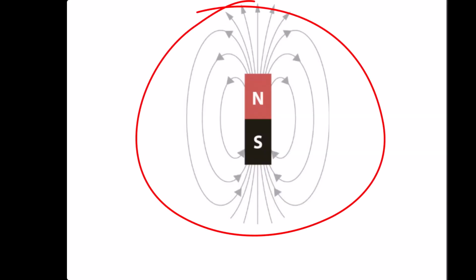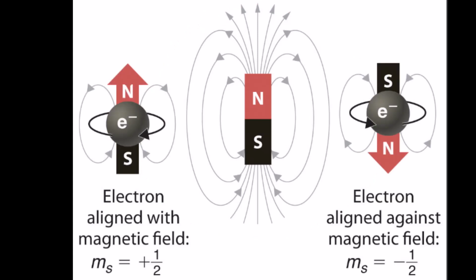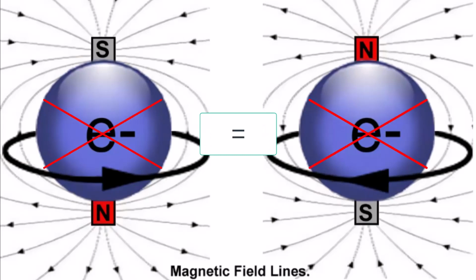A magnetic field always has two poles, with the stronger pole being the north pole, so that the magnetic flux or lines go from north to south. The north pole is stronger because at any given moment in time there are more protons in the north pole than there are in the south. If the numbers were equal, they would cancel out.